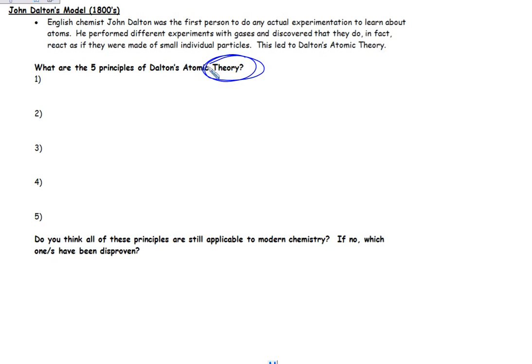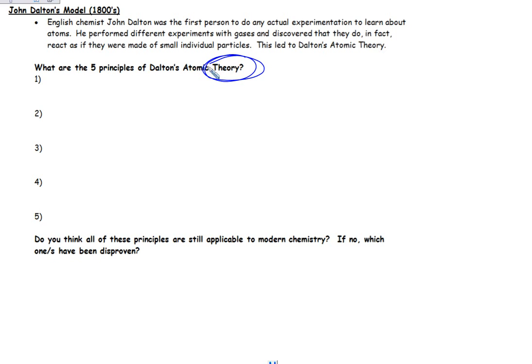They can further be broken into smaller pieces. So even today, our most modern thoughts when it comes to atomic structure are still called atomic theory. As new and better information is discovered, a theory can change over time.